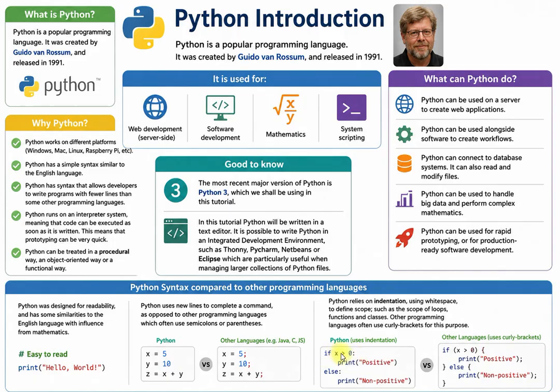Okay, if x greater than 0, the colon is used there, print positive, else colon, print non-positive. But if you look at other languages, if x greater than or equal to 0, open brackets and print positive, else print non-positive.